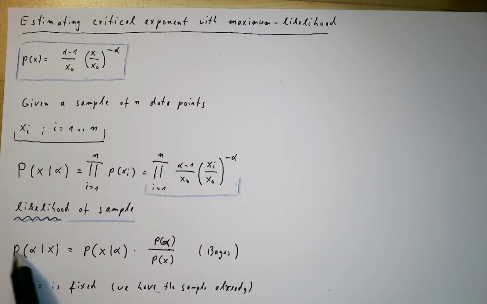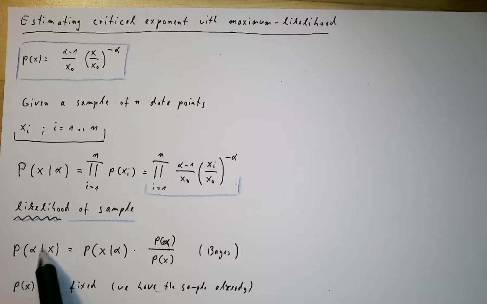This is a function of alpha, and we need to find this alpha which maximizes this. So we have to maximize all this here. And we see this here doesn't really depend on alpha, so we can just forget it. That's just a constant. Now the problem is, what is this p of alpha? That would be the intrinsic probability of a certain alpha.